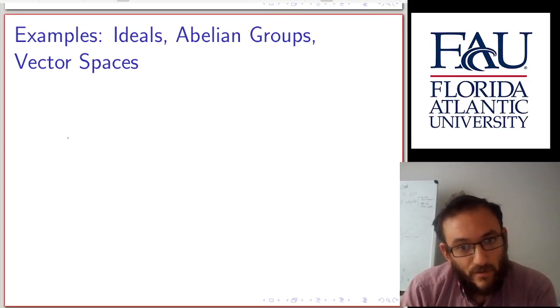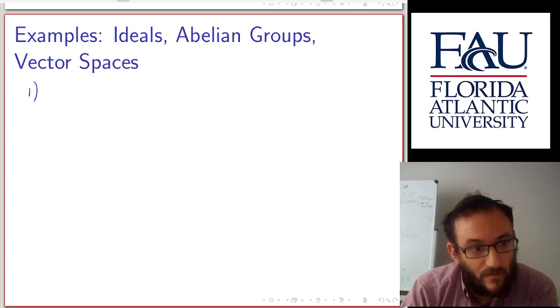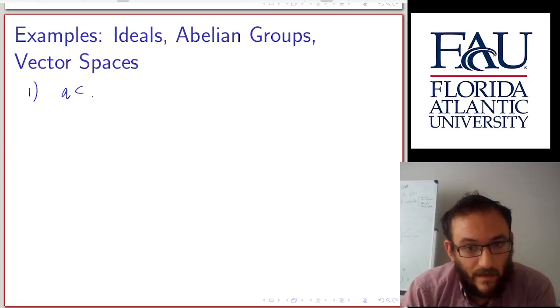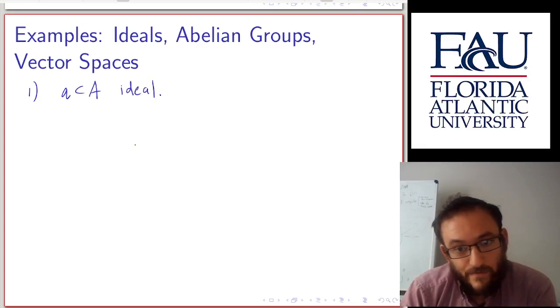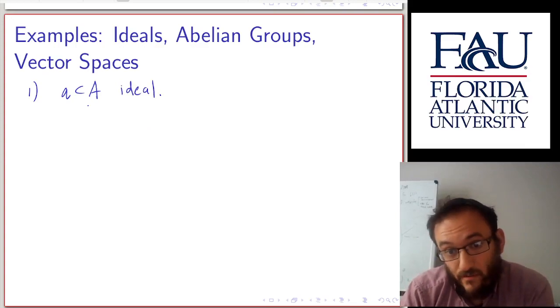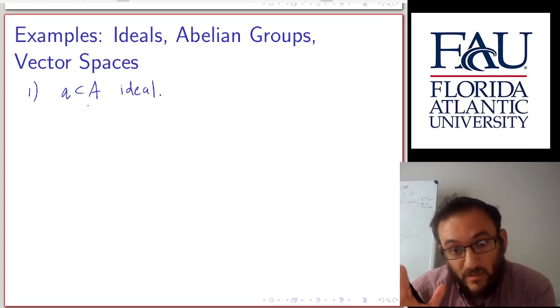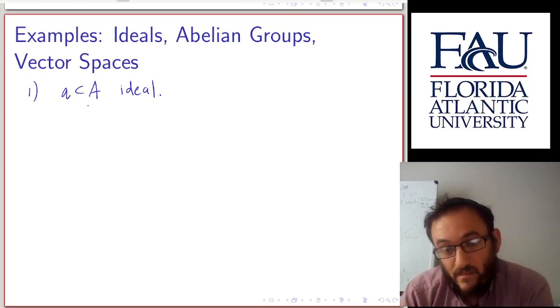So one pretty straightforward module is ideals. If you have an ideal in A, you can just use the standard A multiplication, instead of a special new multiplication for elements of the ring by elements of your module.